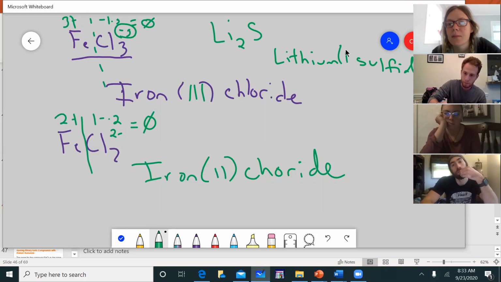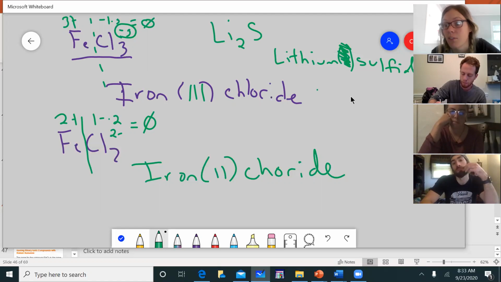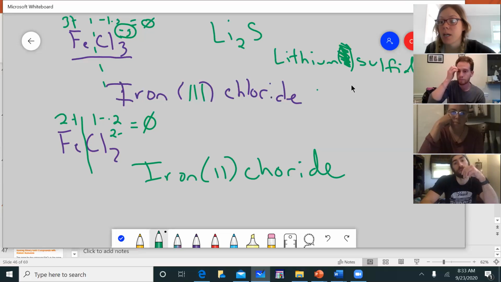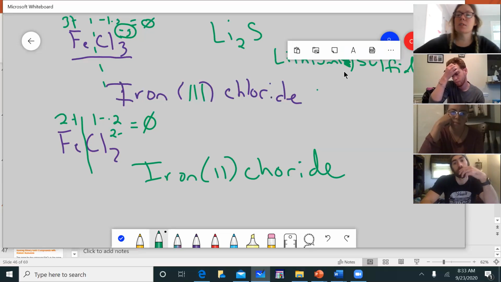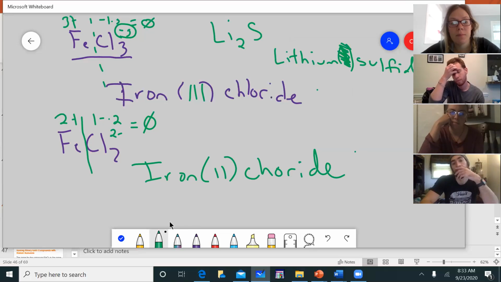Why don't I put it as lithium 1 sulfide? What is the charge on lithium always? It's always 1. So we don't need to include this information. It's more information than needed. If it's lithium, it's always going to be a 1 charge. And scientists are lazy, so we want to use as little information as we have to portray what it is. So lithium sulfide is going to be more than enough.